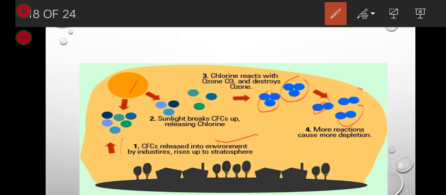Sunlight breaks CFCs up, releasing chlorine. Chlorine reacts with the ozone and destroys it. If this reaction takes place in greater quantity, ozone layer depletion will be caused.